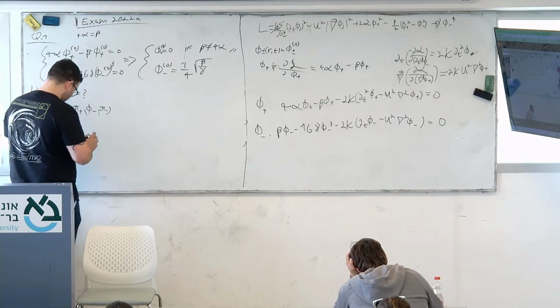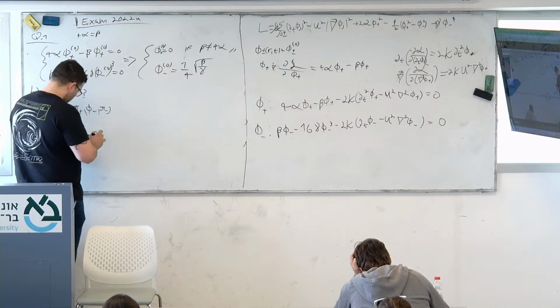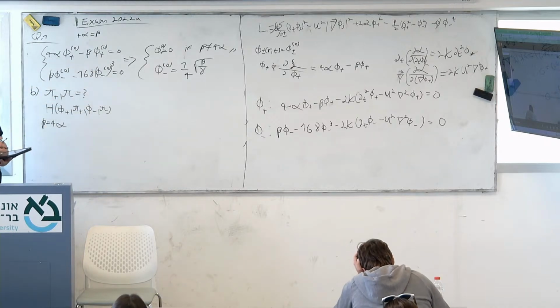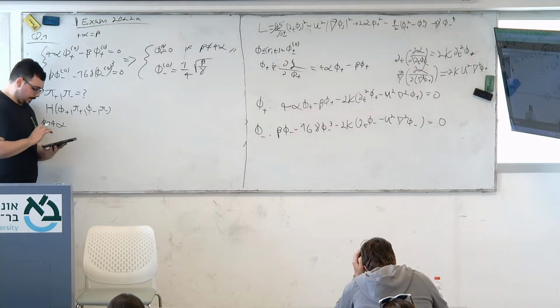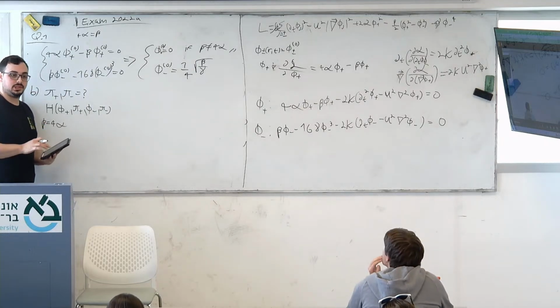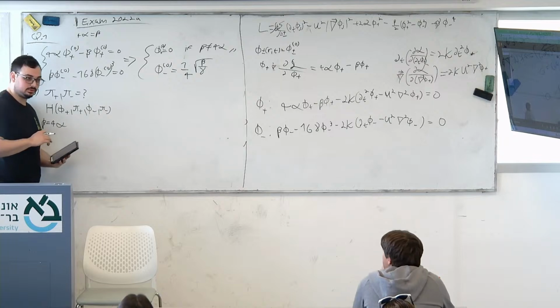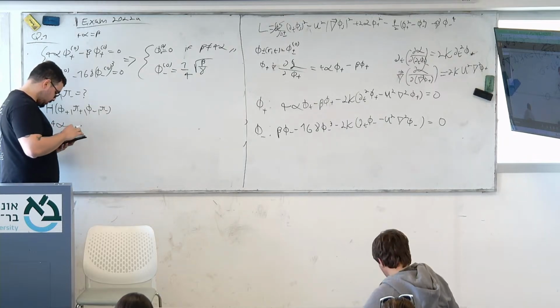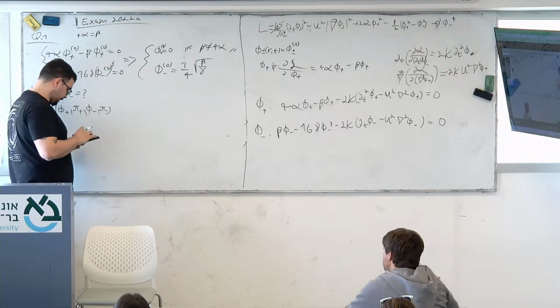And the final part of this question is about using the approximation we insert after we found the Hamiltonian. That's what I did.